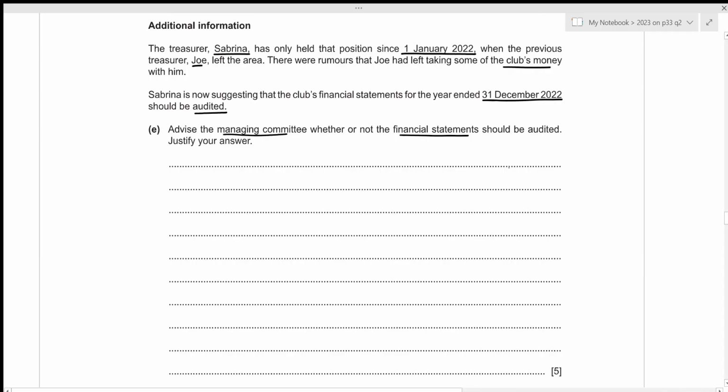So for against, we're talking about a club, right? And it's not a company. So audit is not a legal requirement. Let's write it down. A club is not a company, and audit is not a legal requirement in most countries.